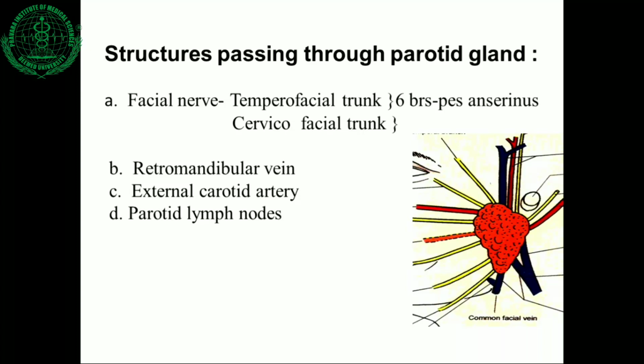Now, one by one, regarding the structures which pass forward through the parotid gland. First, the facial nerve. This facial nerve is the seventh cranial nerve in the body, also known as the queen of the face.